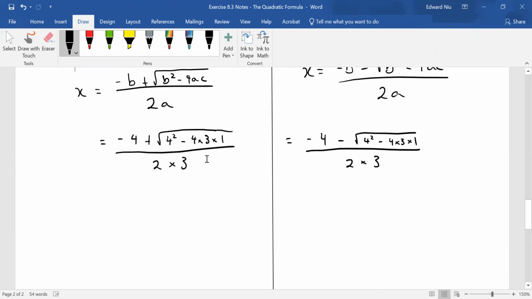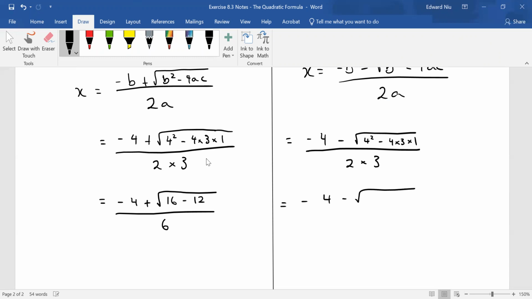If we simplify the top, we have negative 4 plus the square root of 4 squared, which is 16, take away 4 times 3 times 1, which is 12. So it's 16 take away 12 inside the square root sign, and then we've got 6 at the bottom. Same thing over here.